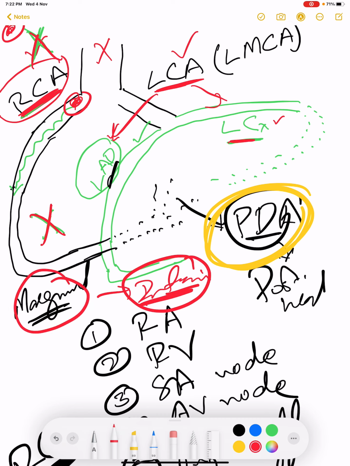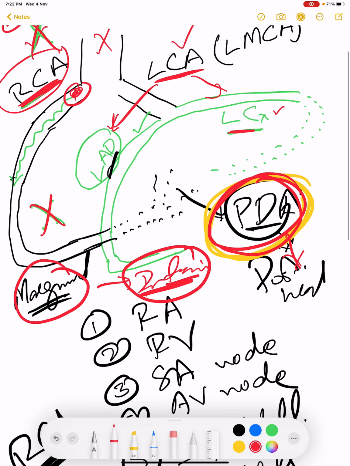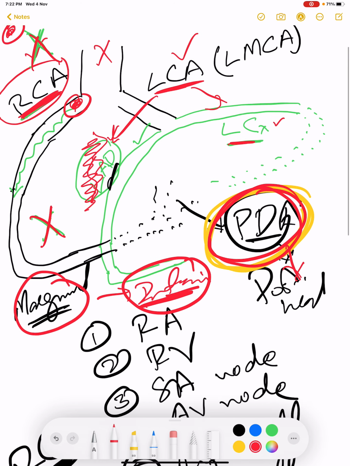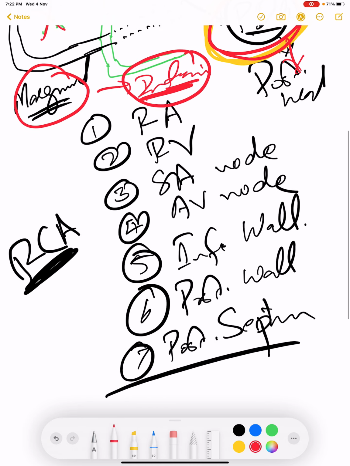Then it continues as the posterior descending artery, which supplies the posterior wall of the heart, and along with that, because it goes posteriorly, it gives off posterior septal branches which supply the posterior part of the septum.